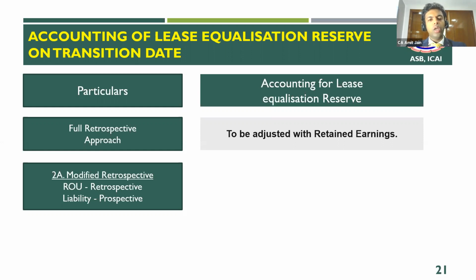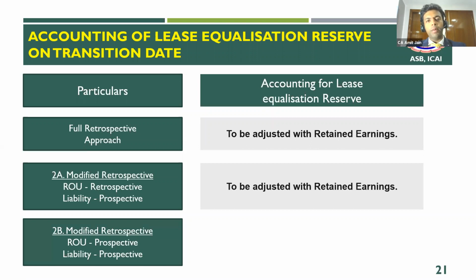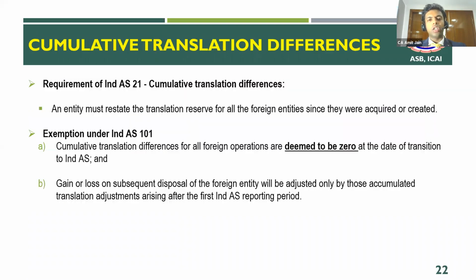Where the ROU is to be applied retrospectively and the liability is to be applied prospectively. In that case, lease equalization reserve shall be adjusted with retained earnings. But in case of the 2B modified approach, 2B means where ROU is equal to lease liability and both need to be computed prospectively, then it will be adjusted against the ROU asset. So these are the different aspects which the company should take care of while accounting for the lease equalization reserve on the transition date.